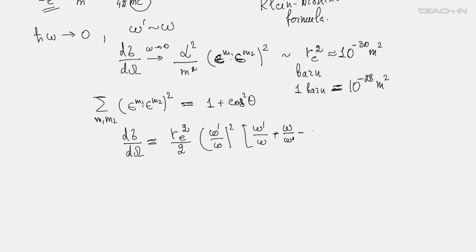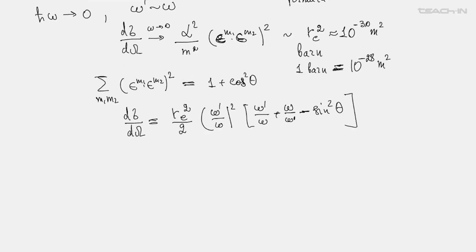Now, finally, if you want to compute the full cross section, sigma, then you need to integrate this expression over the solid angle. And that gives you the following. You need to take the integral from 0 to 2 pi in the angle d phi, and also integrate sine theta d theta.